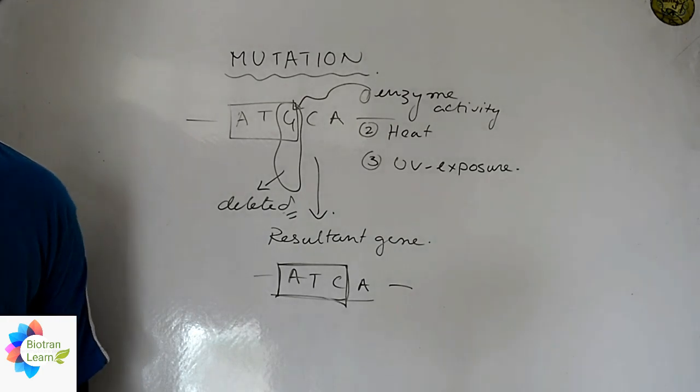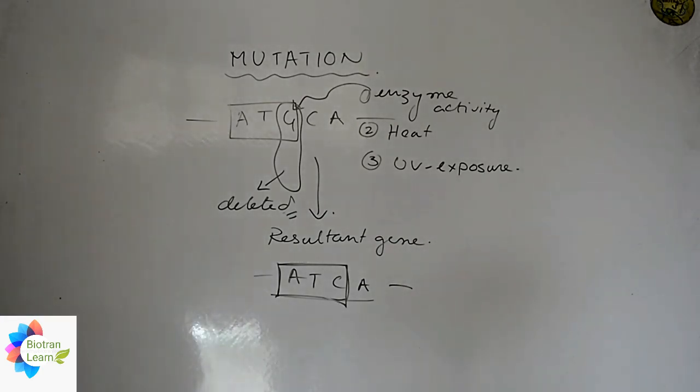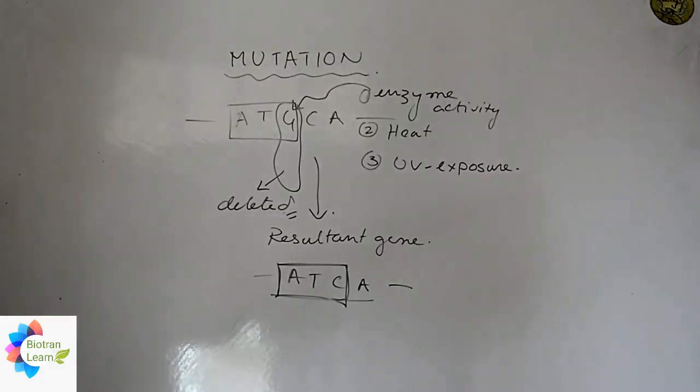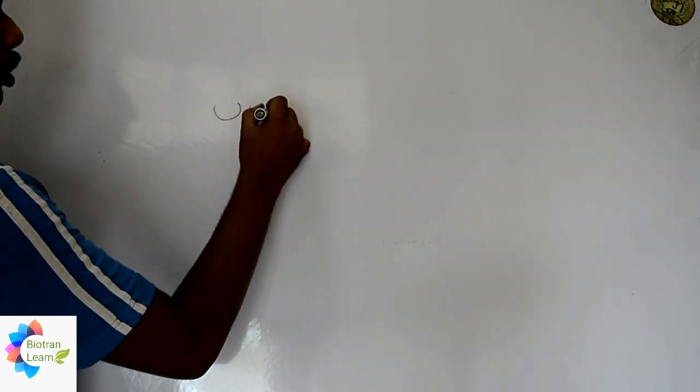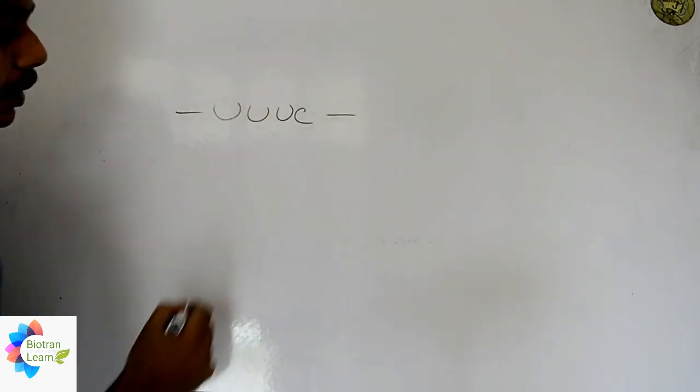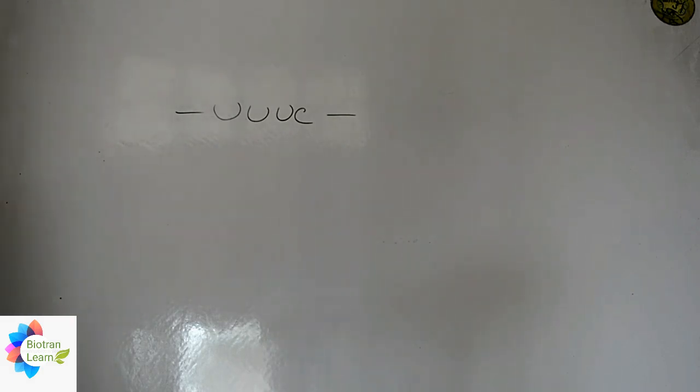Now let's look at it from a different angle with a proper genetic code, right? Suppose UUUC is a particular code in this case.